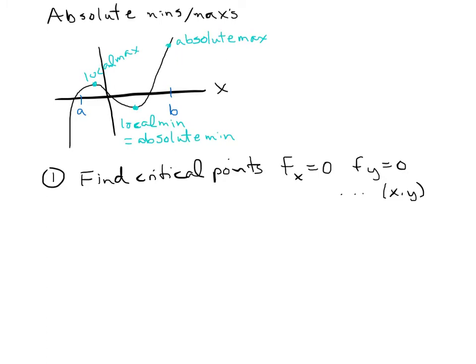You also want to find the value of f at those points. So we're looking for how big f is. In all of this, we're looking for how big that function is. Is it the biggest that function gets or the smallest? So this checks for local maxes and mins and what their values are.